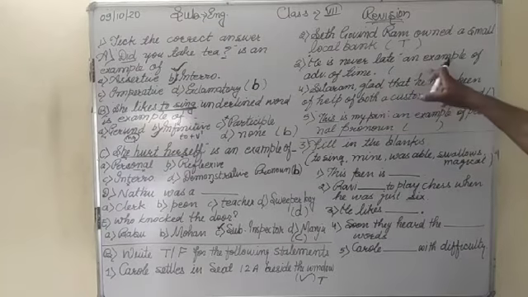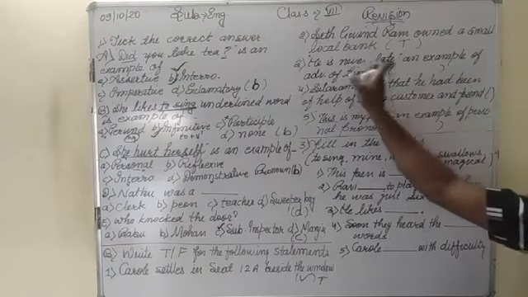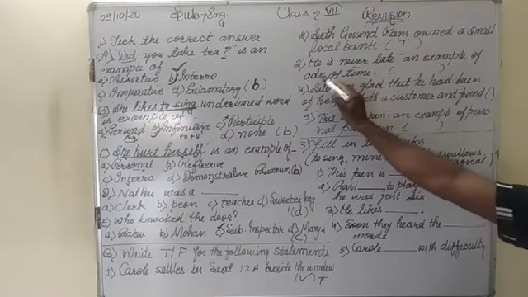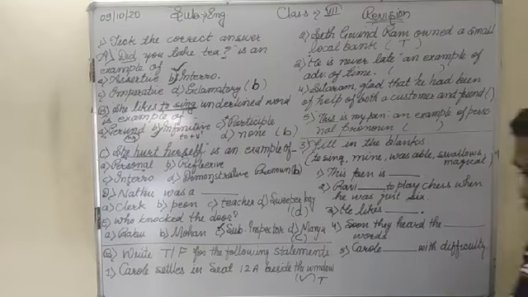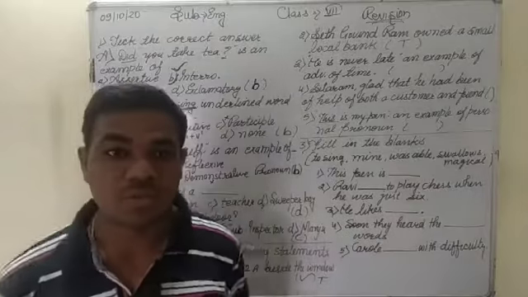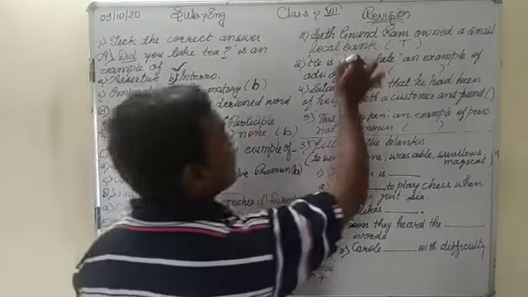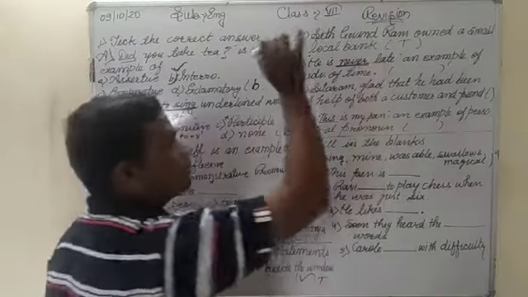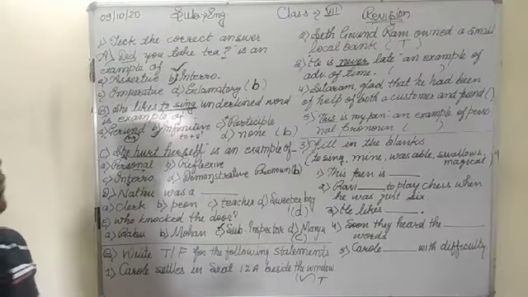Third, "He is never late." Is it an example of adverb of time? Dear students, first of all, try to understand which word belongs to adverb. Never is an example of adverb.